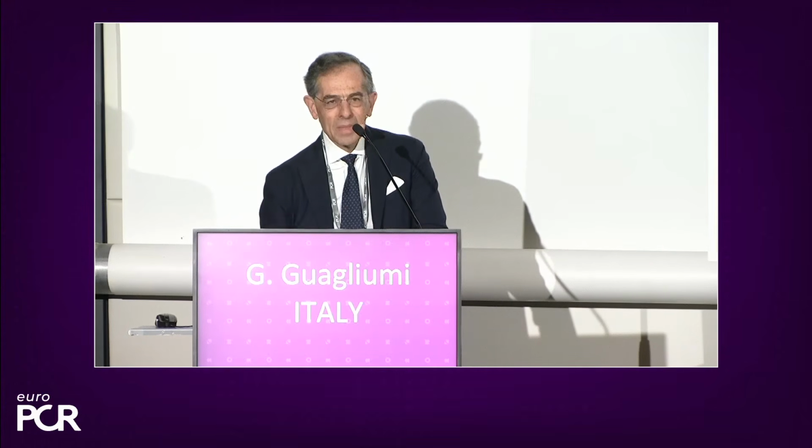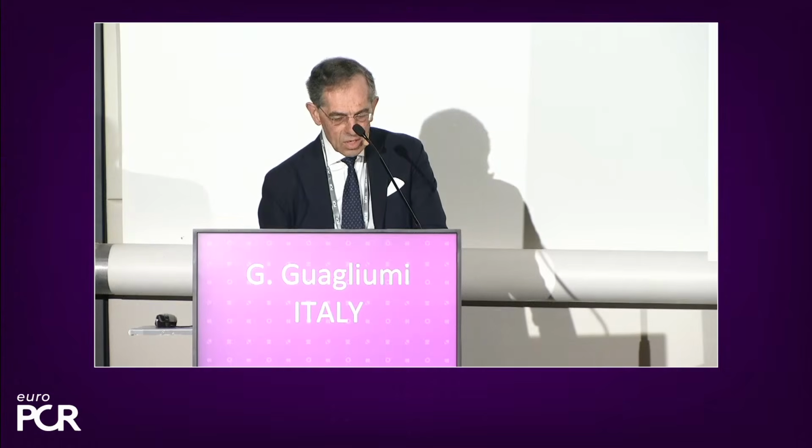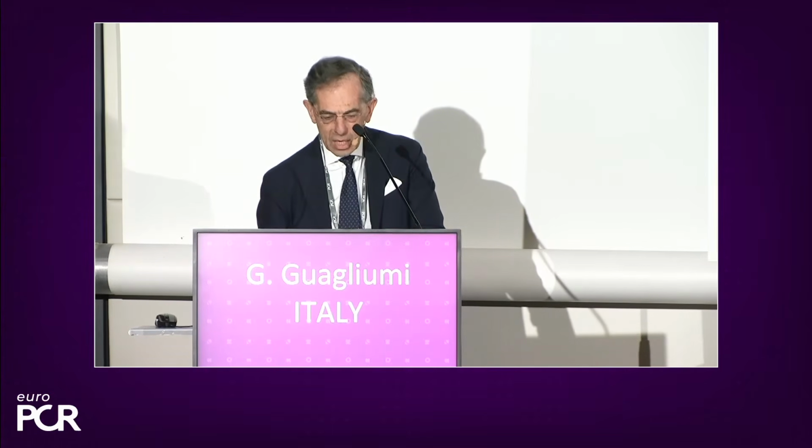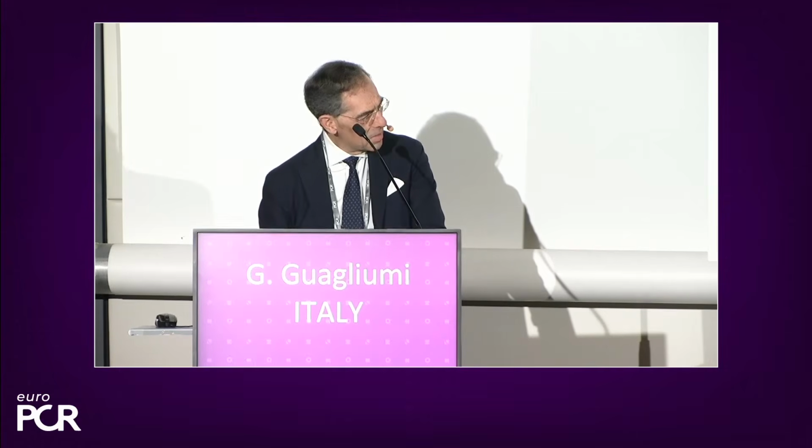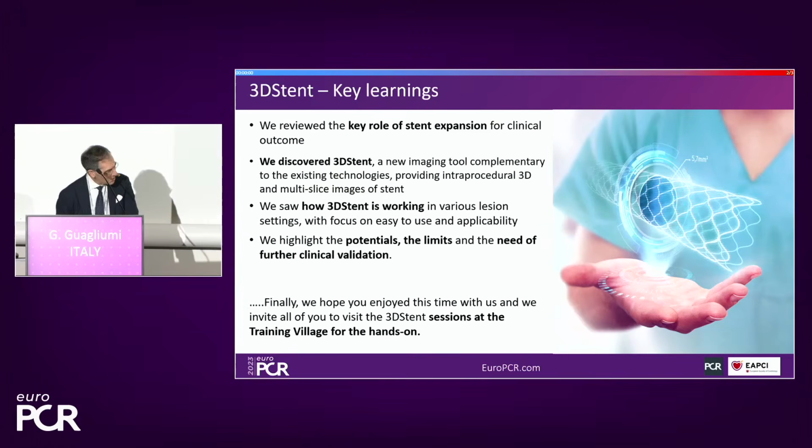So we are arriving to the end of this session. Let's make a sum up of the key learnings. We reviewed the key role of stent expansion for clinical outcome. Nieves, thank you very much for the state-of-the-art review.